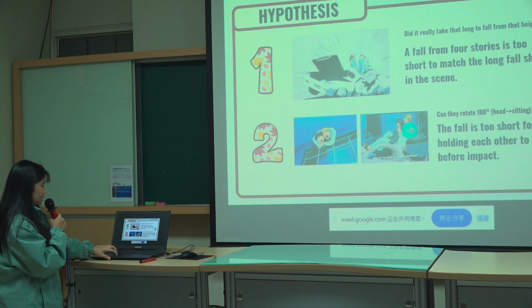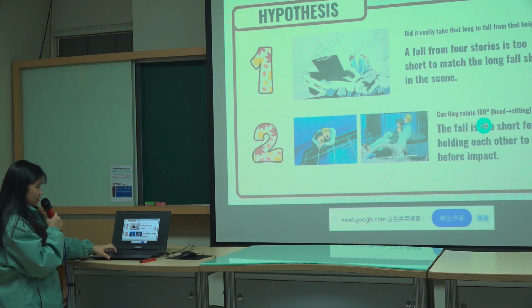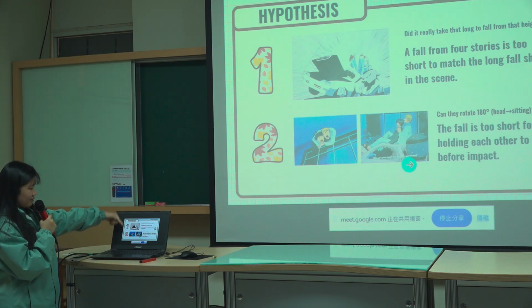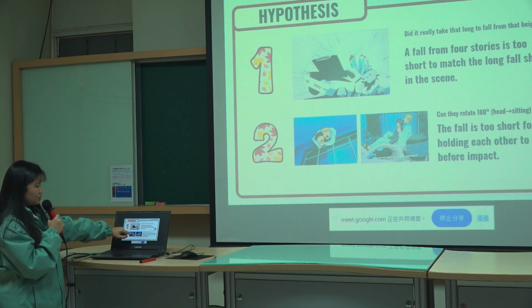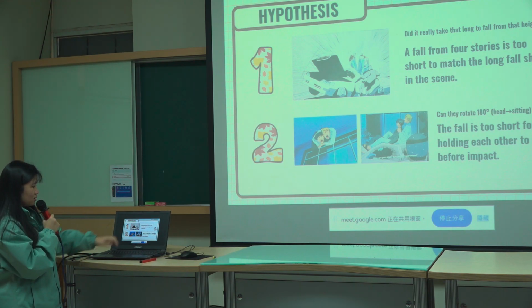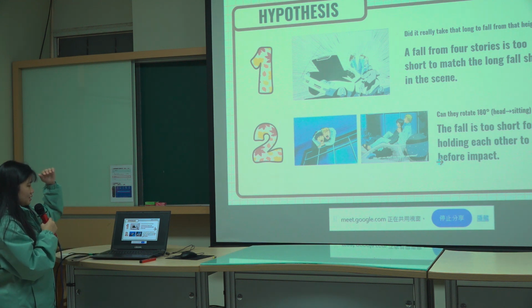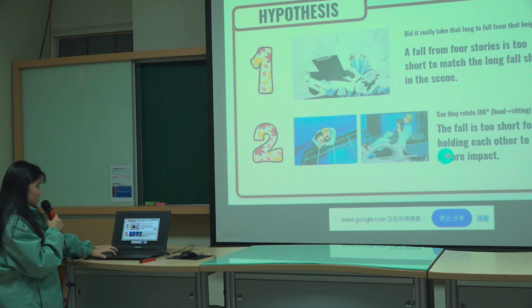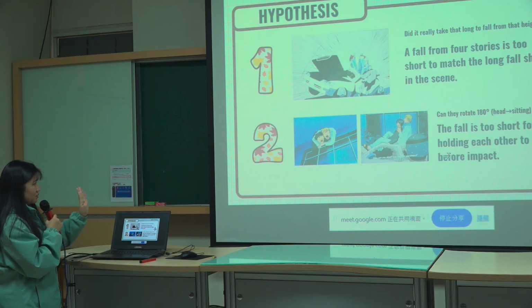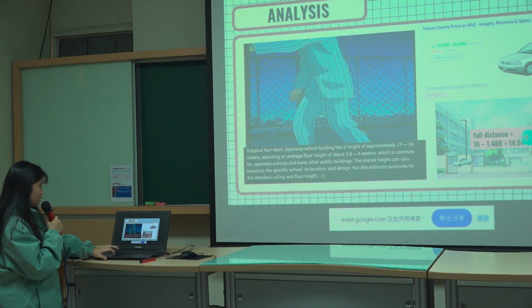And the second one is, can they rotate 180 degrees from a head-facing-ground position into a sitting position after they fall? Actually, if the height is high enough, I think it's possible, but I think it's only for a multi-story building.